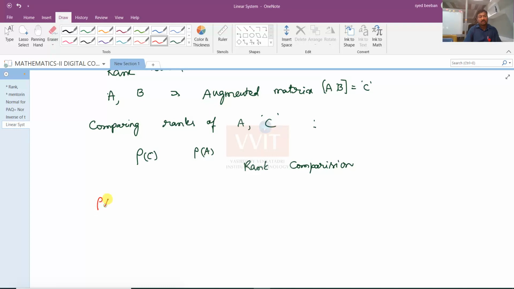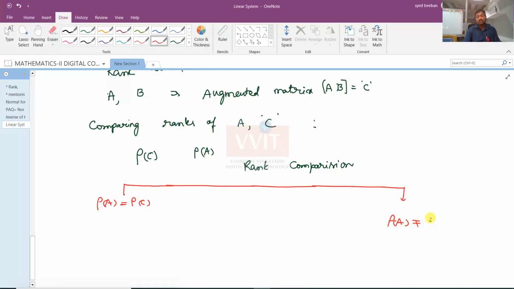There might be rank of A equal to rank of the augmented matrix, or rank of A not equal to rank of C.